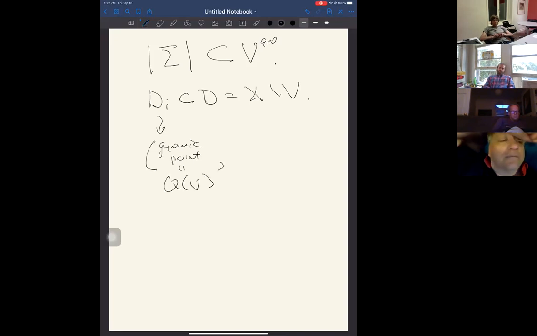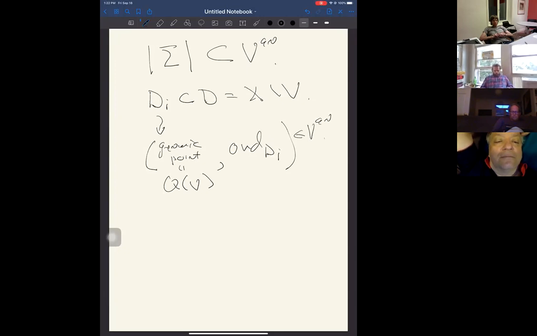And what valuation do you take? Well, I have a divisor, so I take the corresponding discrete valuation. I hope you know what I mean. If you don't, please ask. It's just the valuation you get on the field of fractions from the divisor, the order of zero and pole along there. So this point lives, by definition, in the analytification.